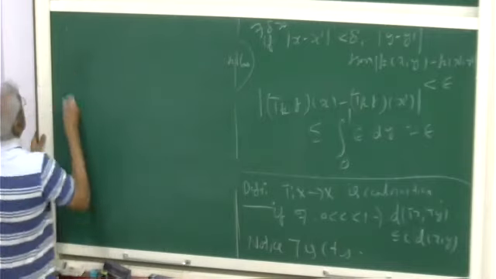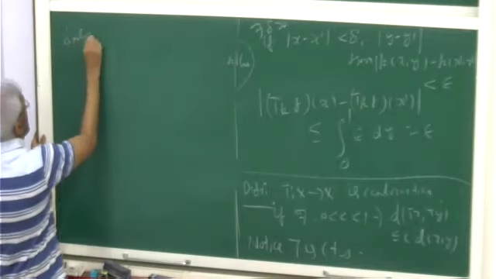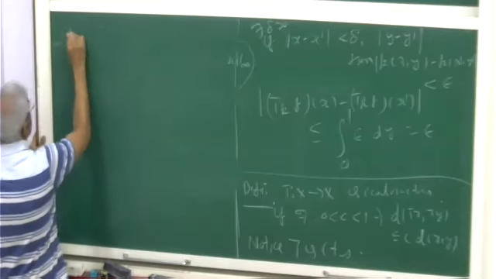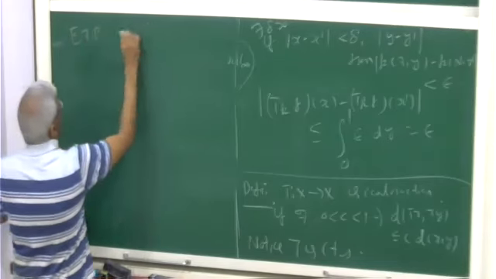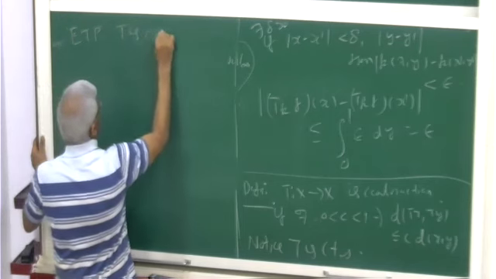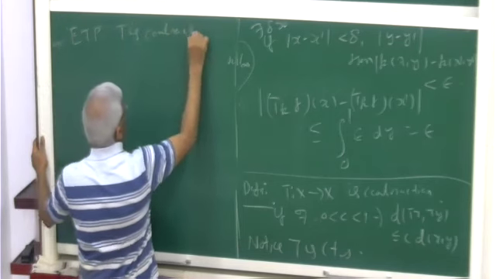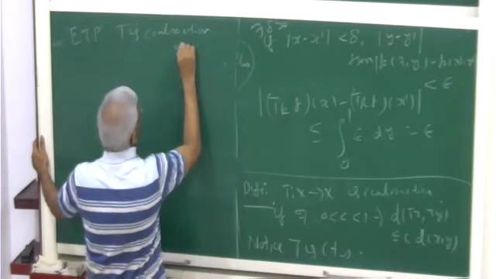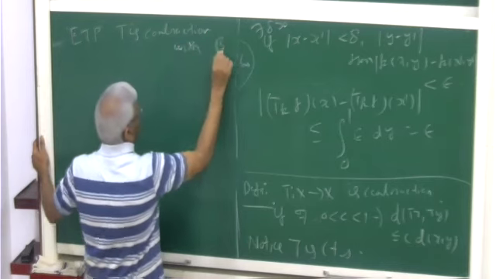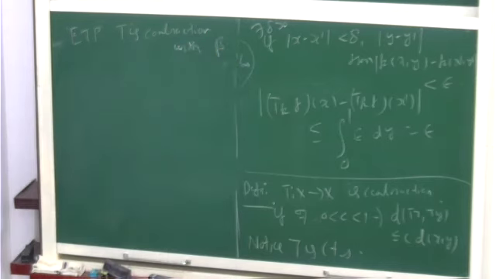So it's enough to prove T is a contraction with the constant beta. The contraction comes with a constant, and that constant is beta.